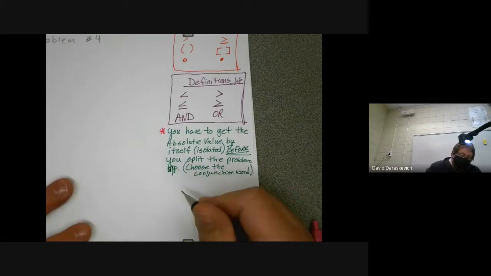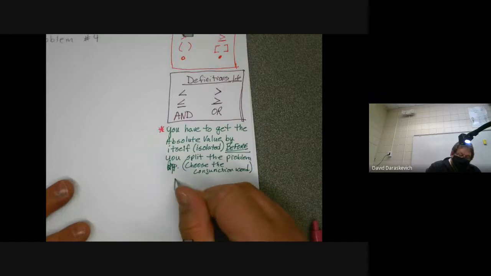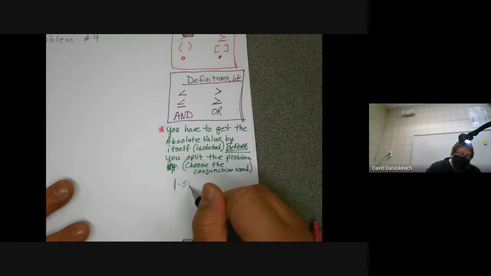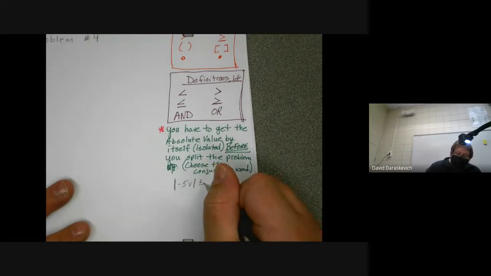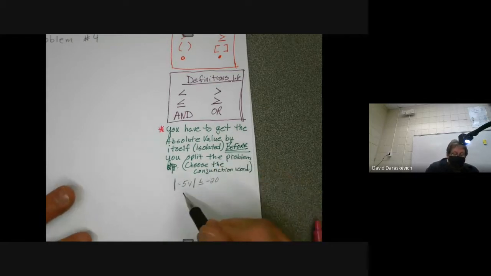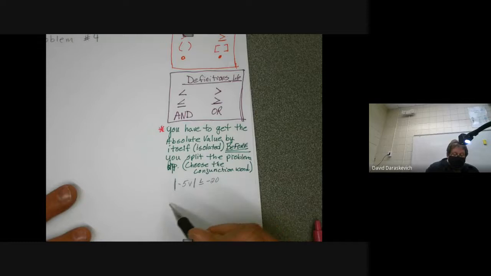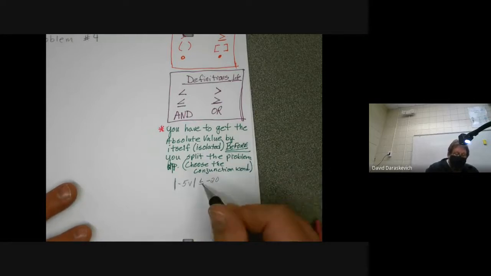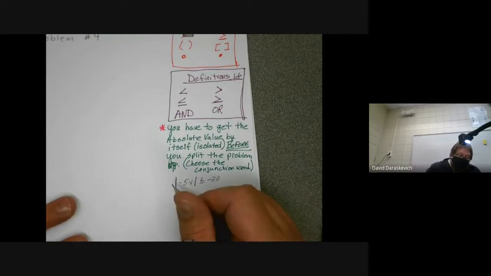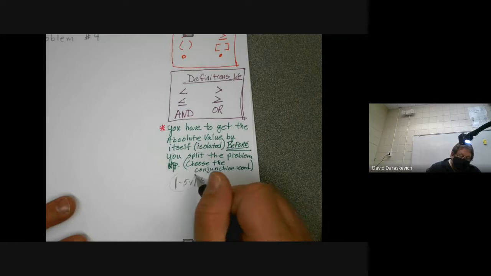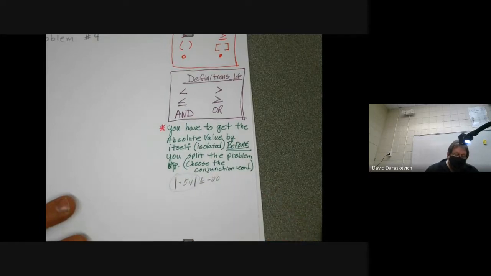Problem number 2 said, I have the absolute value of negative 5v less than or equal to negative 20. Normally we would just split this up, set one to the opposite and flip the sign. This is an and statement, and so on and so forth. However, that only works right away because it is isolated.